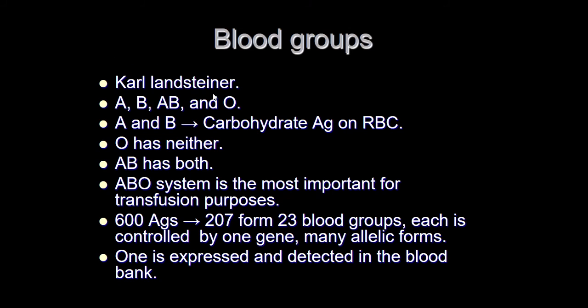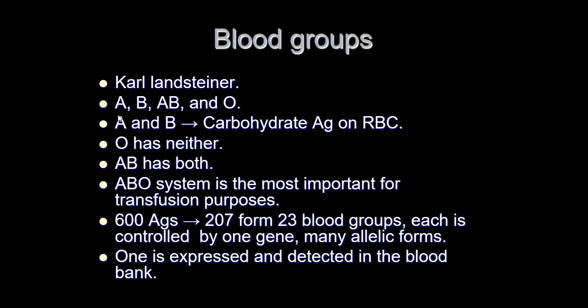So the blood group antigens and blood transfusion were discovered at the beginning of the 20th century by a man named Karl Landsteiner, and he's the one who classified the blood into the A, B, and O blood groups.